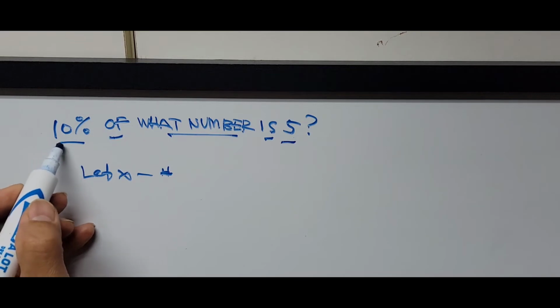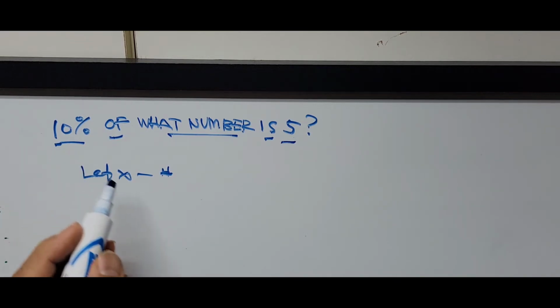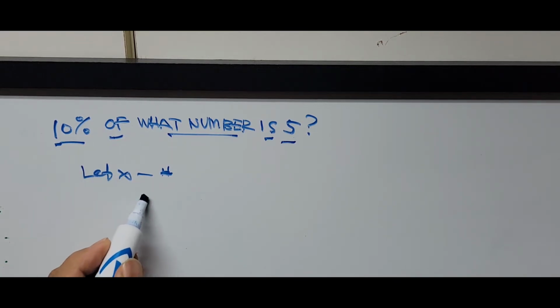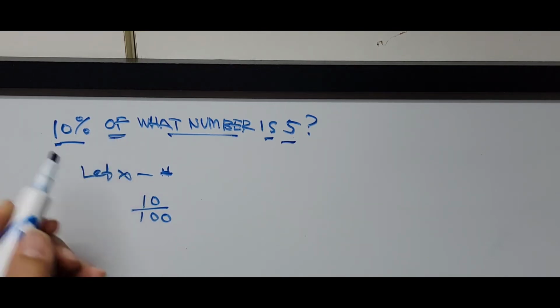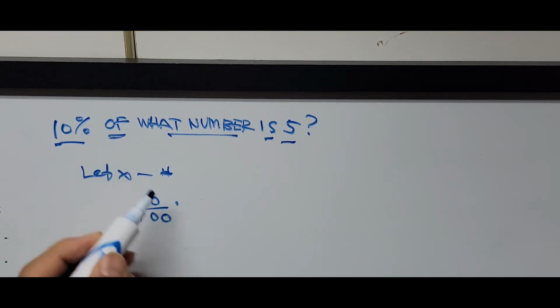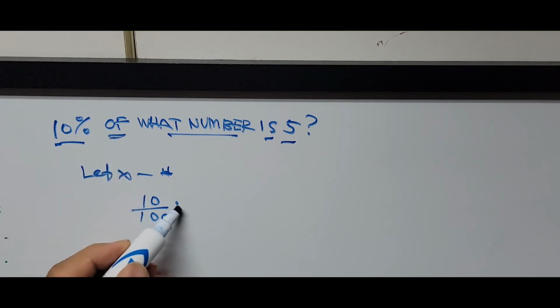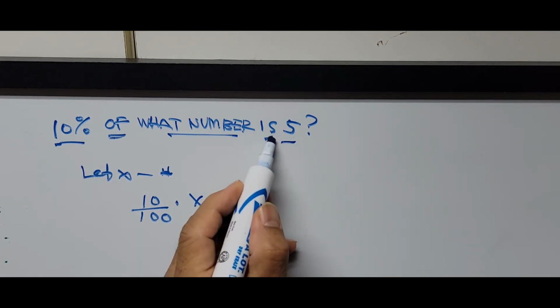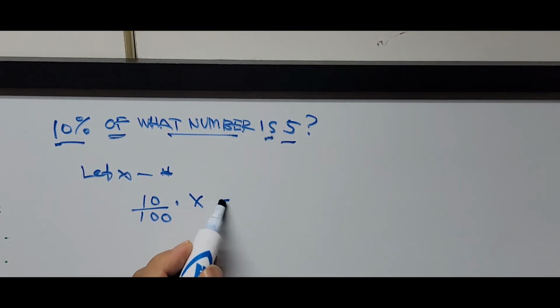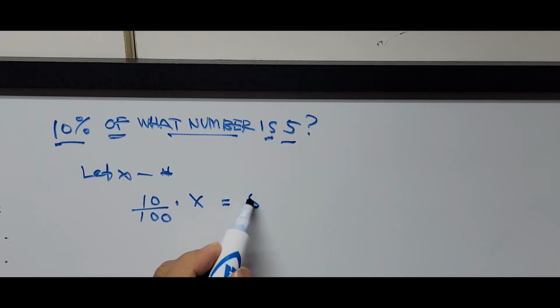First we write that percent in terms of a fraction. 10% is 10 over 100. "Of" signifies multiplication. That number, what is that number? x. And "is" signifies an equal sign, and that is 5.